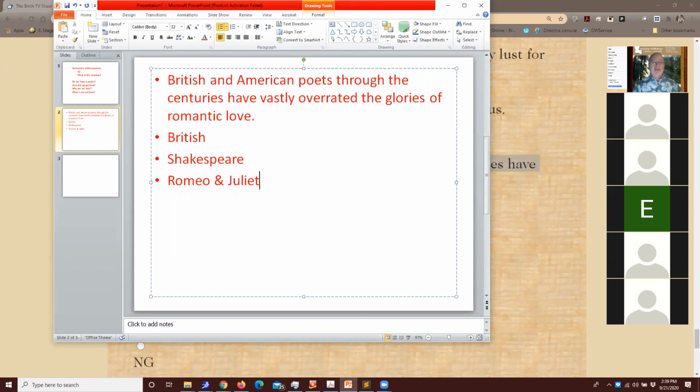Romeo and Juliet. In Romeo and Juliet, Shakespeare vastly overrated the glories of romantic love. So that might be doable. On the other hand, you might look it up and you're not writing a research paper, you're writing a 2-page poetry analysis. That's still pretty big, right? So did he write any stuff that's shorter than a play?